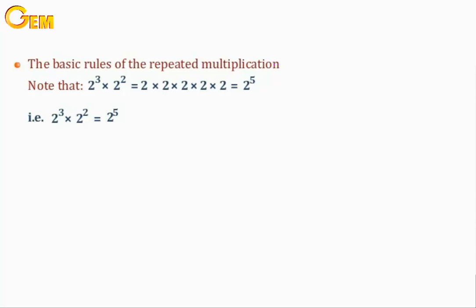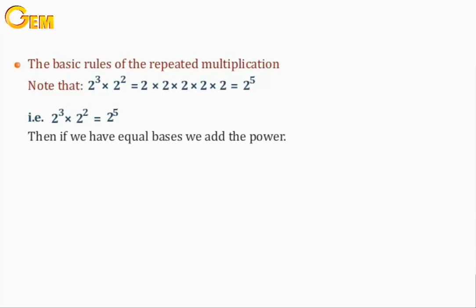The basic rules of the repeated multiplication. Note that 2 to the power 3 times 2 to the power 2 equals 2 times 2 times 2 times 2 times 2 equals 2 to the power 5. That's to say, 2 to the power 3 times 2 to the power 2 equals 2 to the power 5.